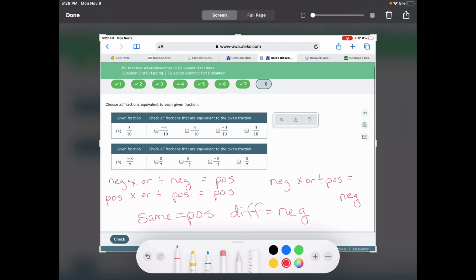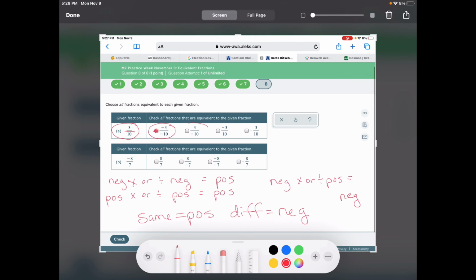Okay, so let's look at this. This fraction is positive. Positive divided by positive. Fractions are division problems. Top divided by bottom. Positive 3 divided by positive 10 is going to give me a positive fraction. The second one, negative divided by negative, is also going to give me a positive.